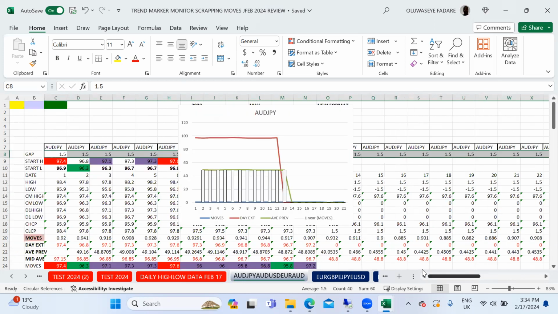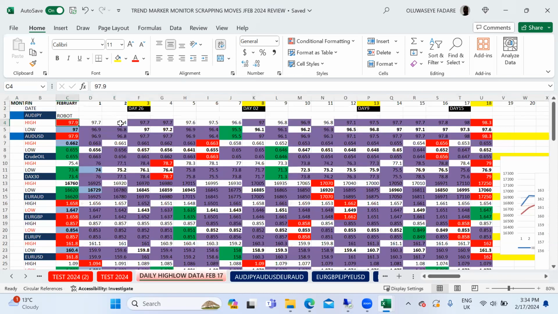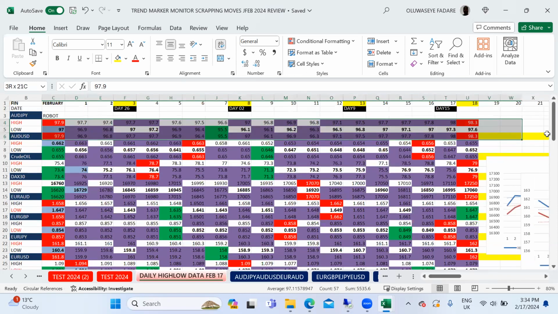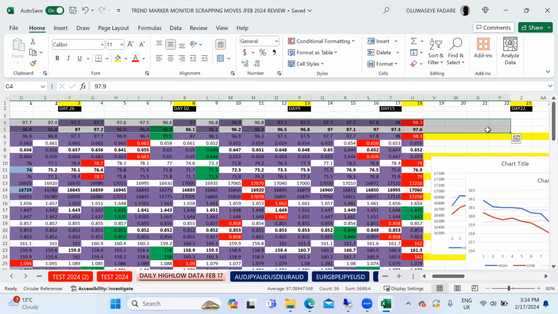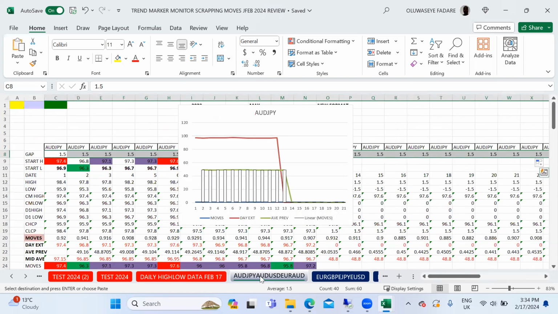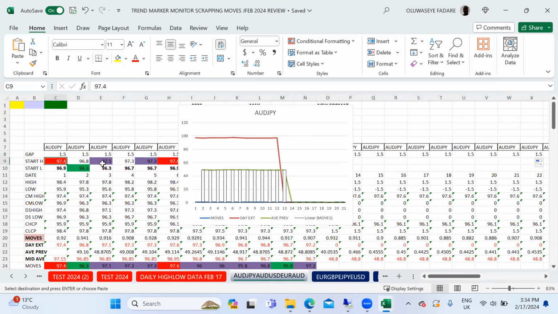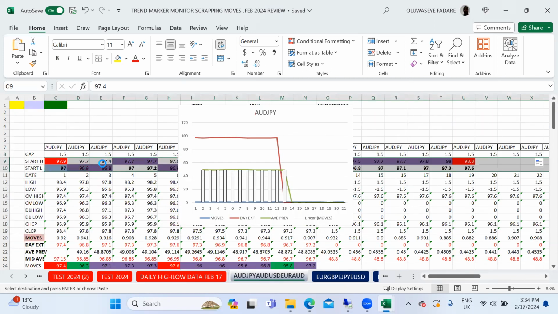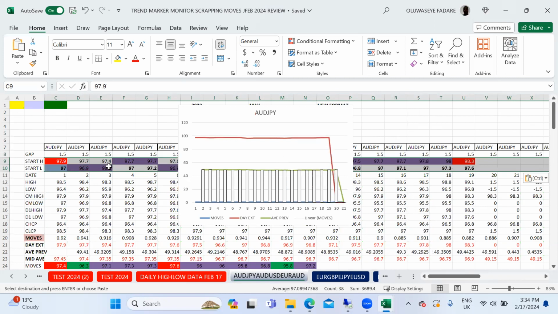So what do we do? We go to our report. We copy the high and low for the month, and we paste it here on this line, as you can see. So that's done.